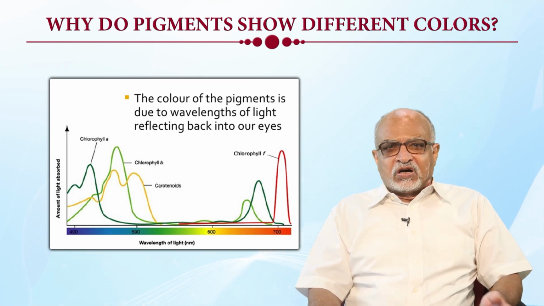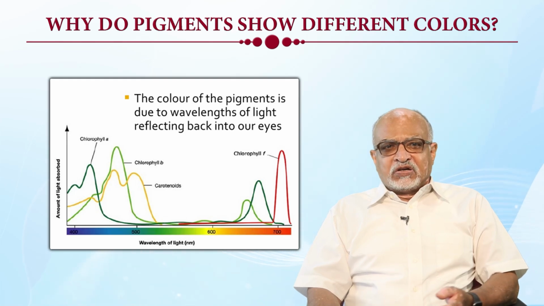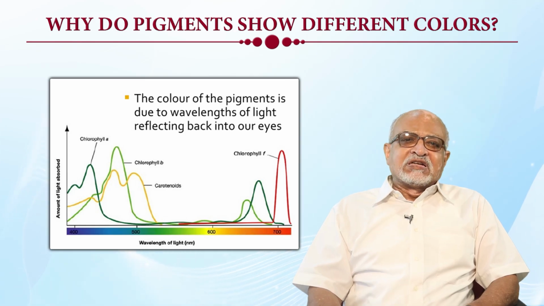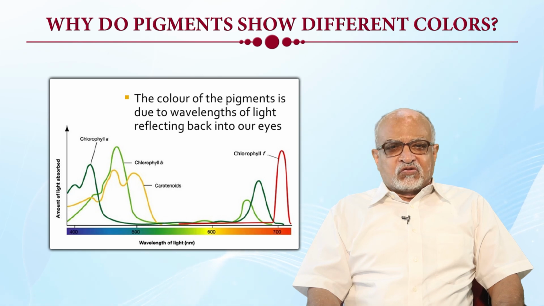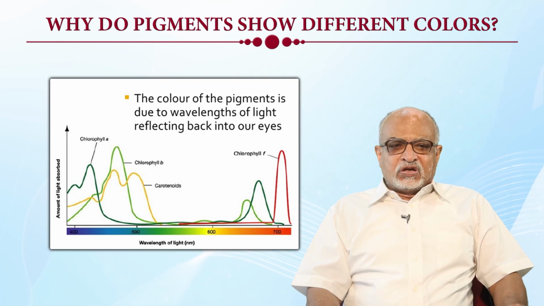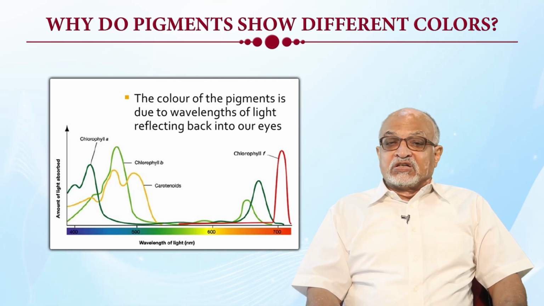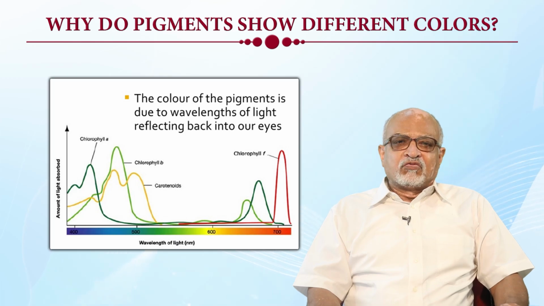So, this whole graph, which depicts the absorption at different levels as a function of wavelength, is called the absorption spectrum. Mind you, the absorption spectrum is like a key to identification. If we are a little more simplistic, we can even say that it is just like a fingerprint, which is very specific for a given wavelength.